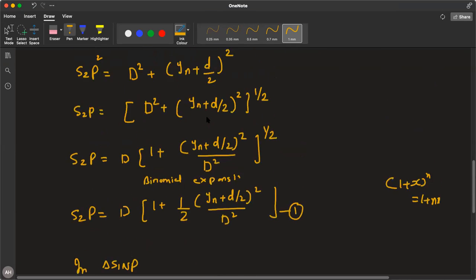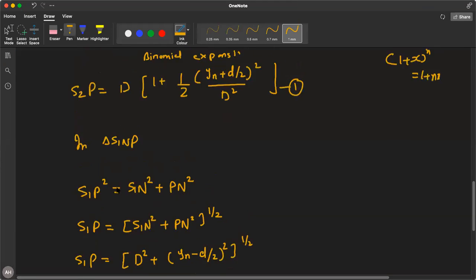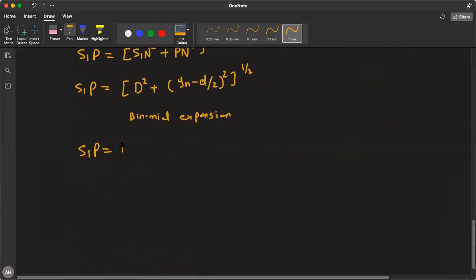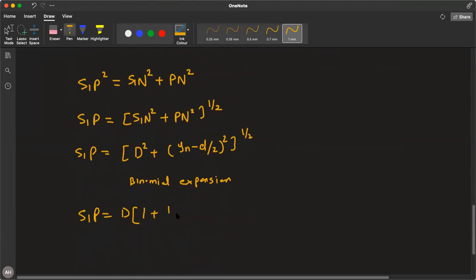And just like the previous steps, using binomial expansion, I can write this S1P like the previous one. It's D times 1 plus 1 by 2 times (Yn minus d by 2) square over D square.